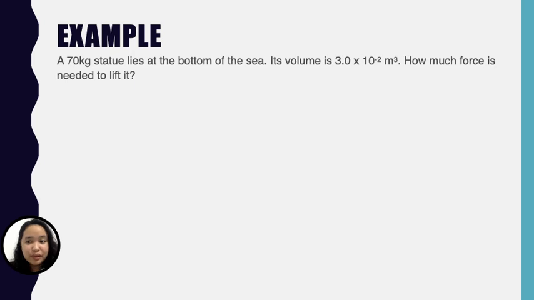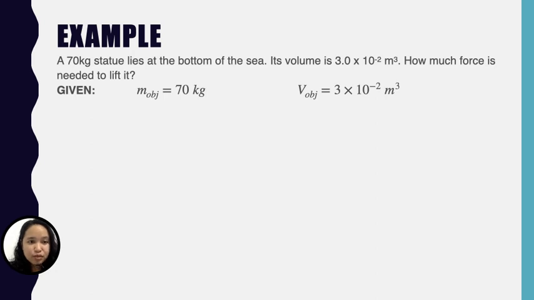Example 1. A 70-kilogram statue lies at the bottom of the sea. Its volume is 3 times 10 to the power of negative 2 meter cube. How much force is needed to lift it? First we have to list the givens.